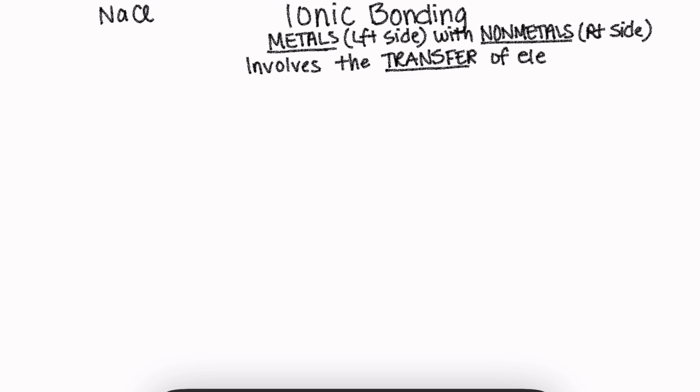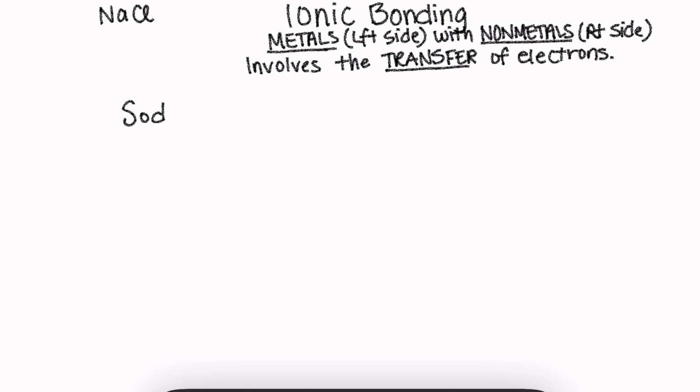And this is important to remember because other kinds of bonding, covalent bonding, involve sharing of electrons, and you almost always get asked a question like this on an anatomy and physiology intro to chemistry chapter test.